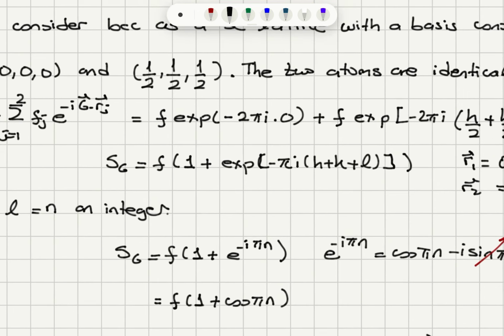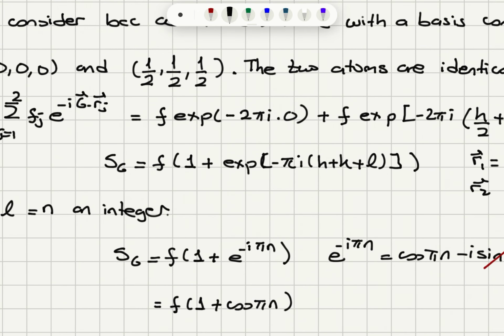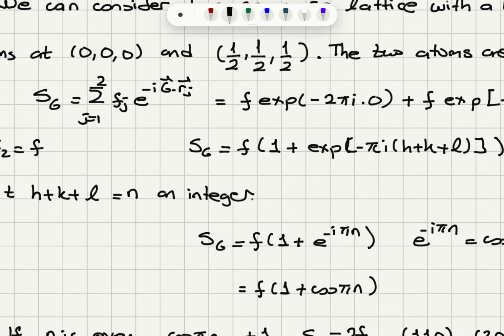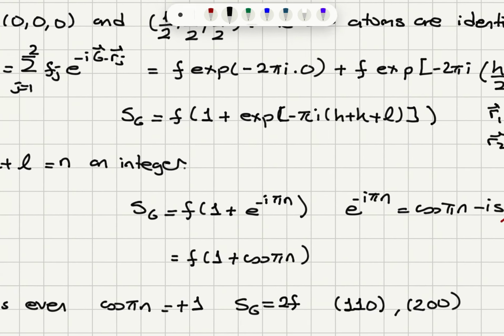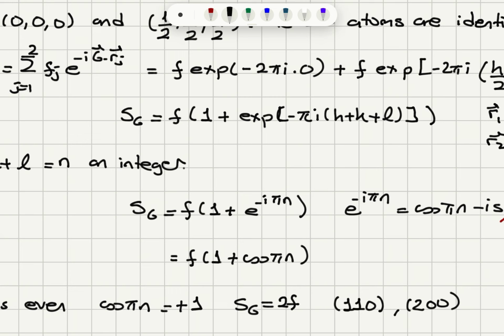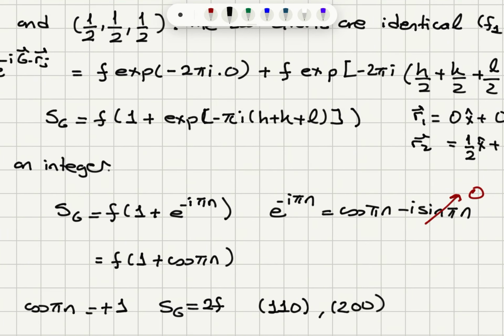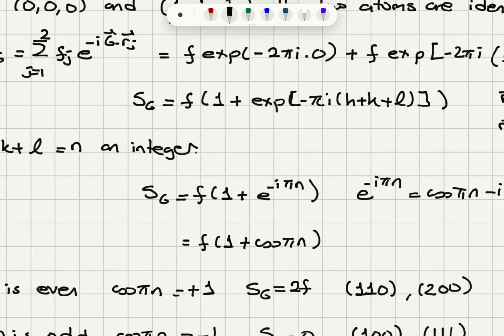Now I want to look at algebraically what is happening to this geometrical structure factor. So h plus k plus l will be an integer for sure. So basically I have the geometrical structure factor equals the atomic form factor times 1 plus e to the minus i pi n, and e to the minus i pi n using Euler's formula is cosine pi n minus i sine pi n. Sine pi n is 0, so I obtain f times 1 plus cosine pi n.